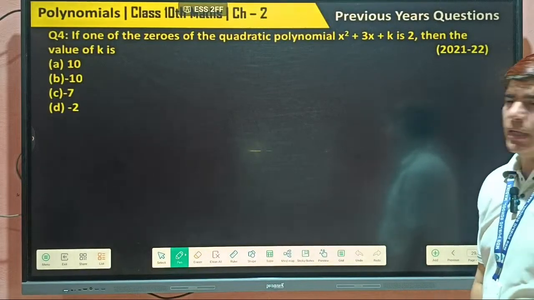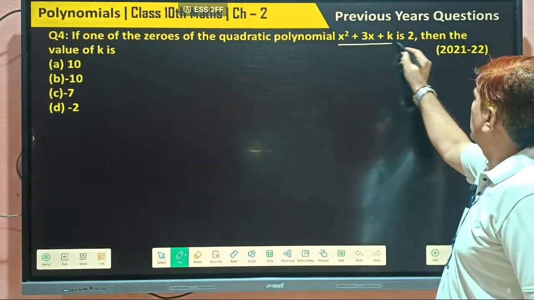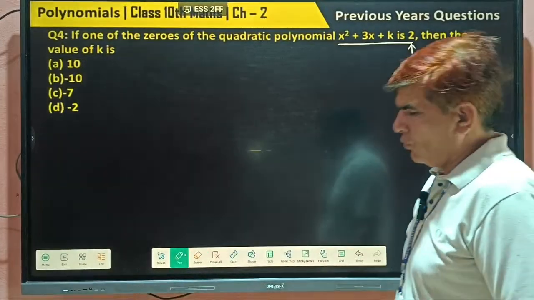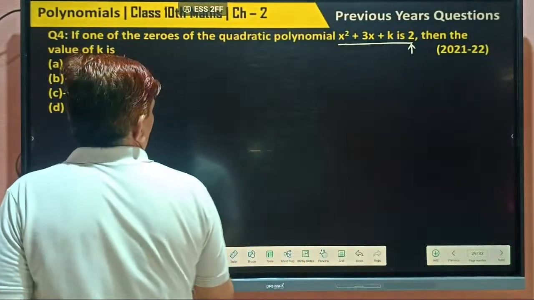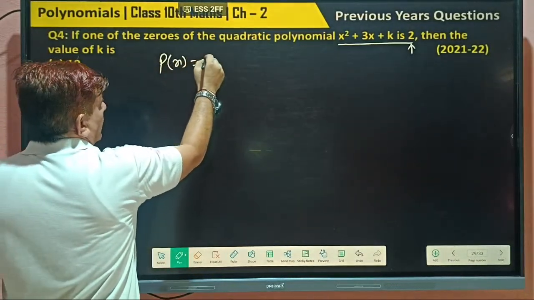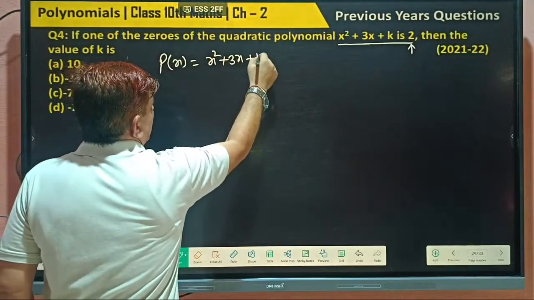Same like that, if one of the zeros of the quadratic polynomial is 2, you have to find out the value of k. The polynomial given is x square plus 3x plus k.